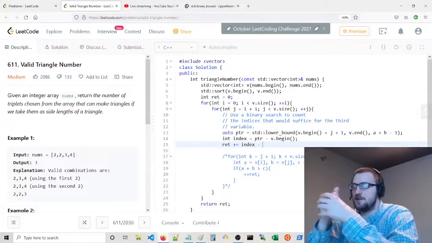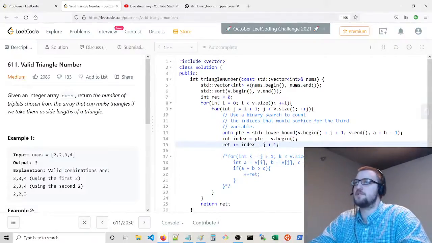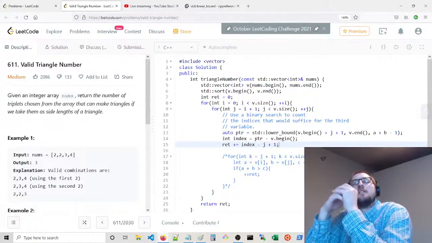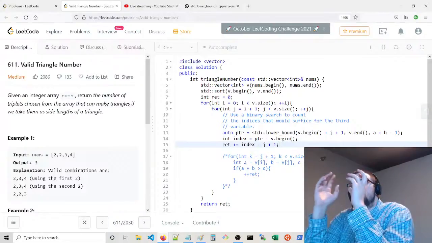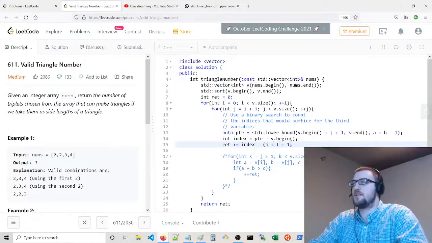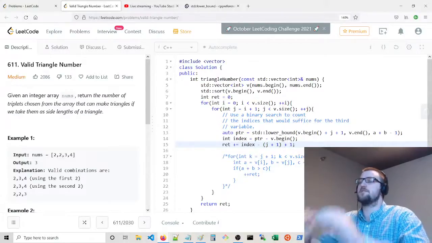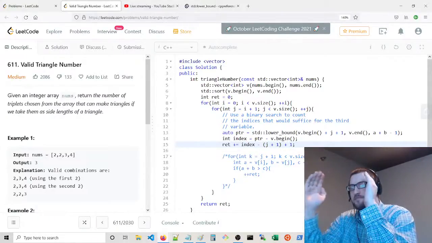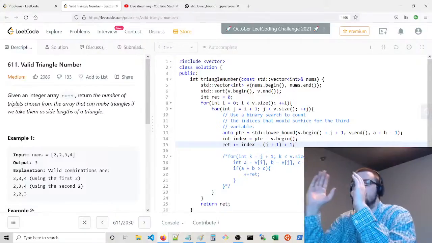B is at index j, it's minus j, I think plus 1. So we want all the values minus, and this is going to be j plus 1. Yeah, I think that's why it's going to get a little confusing. So it's all the values between these two bounds inclusive, right?